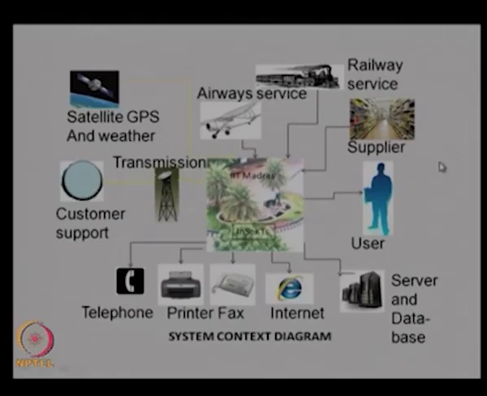So this is the context diagram. You can see that the terminals will be at different locations provided in the campus, and there will be users from inside the campus as well as from outside the campus, and there may be different databases which will be connected to the system, basically the database about the IIT facilities and the locations of the various buildings, etc. And there will be an internet connectivity to the system, and utility services like fax, printer and telephone will be available with every terminal, and there will be an emergency support service.